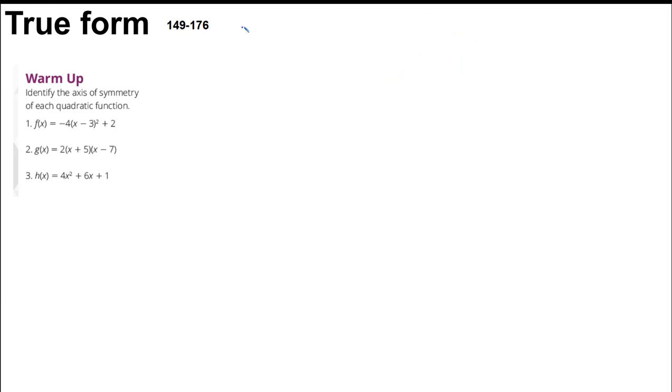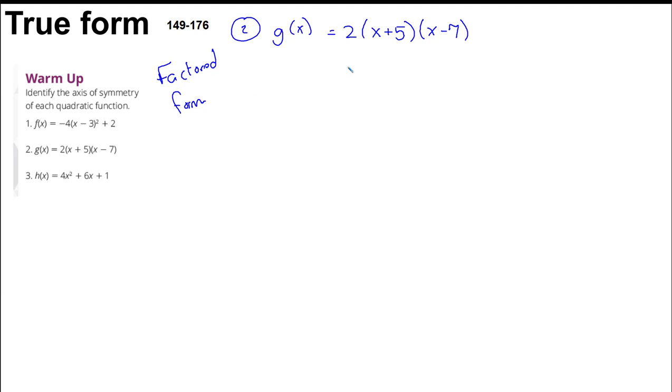Now let's work on 2. G of x. This is what's called factored form. And for factored form, this is still your A. That's still that number in front.